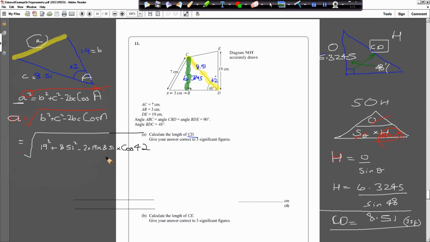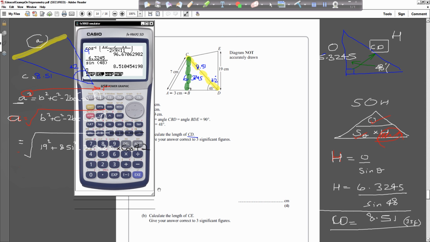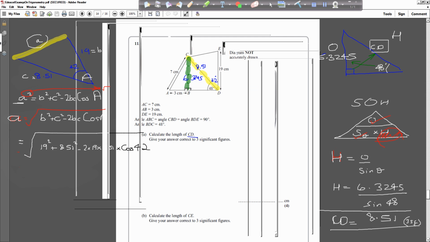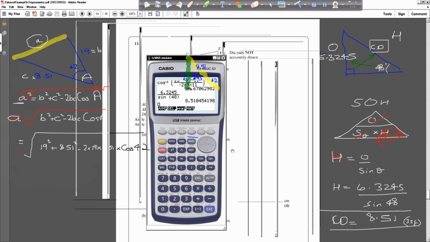So we're going to put all that into the calculator now. Okay, let's put the value in. So we do square root, shift, square root, 19 squared, add 8.51 squared, minus, take away 2 times 19.